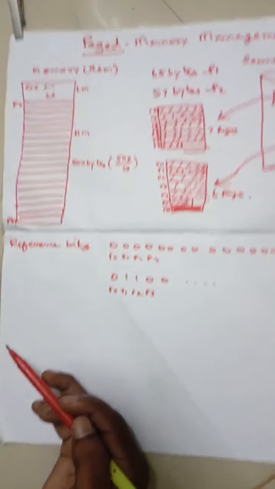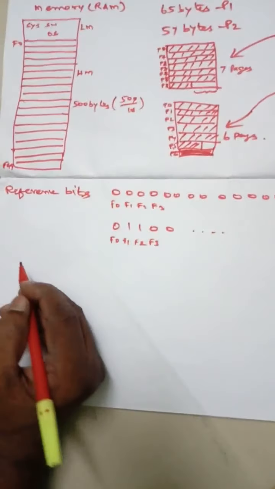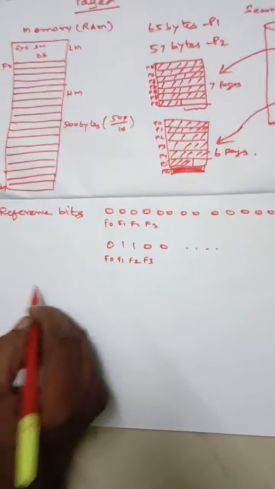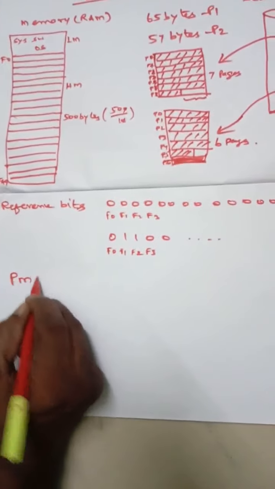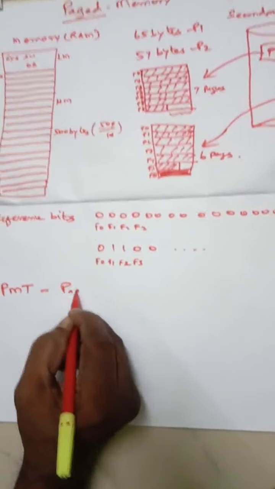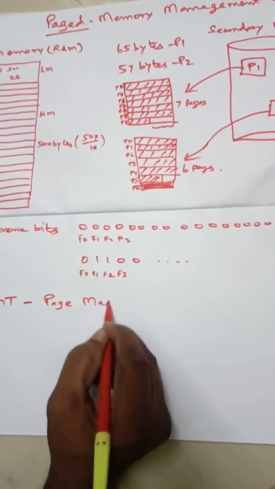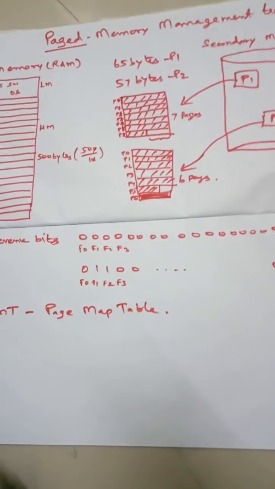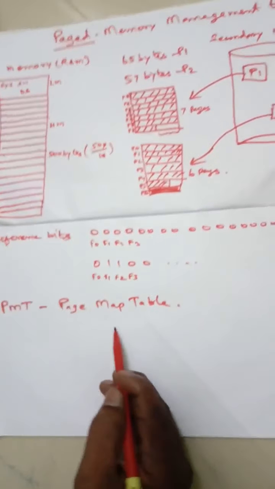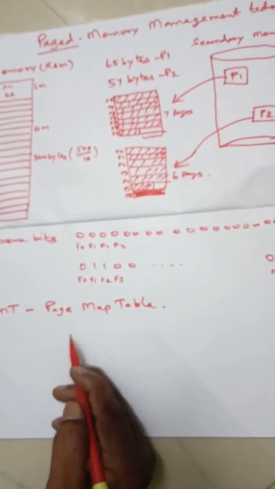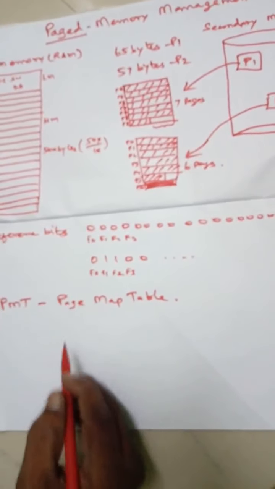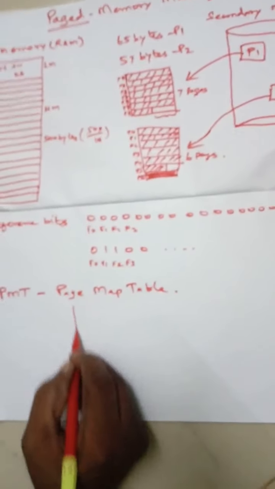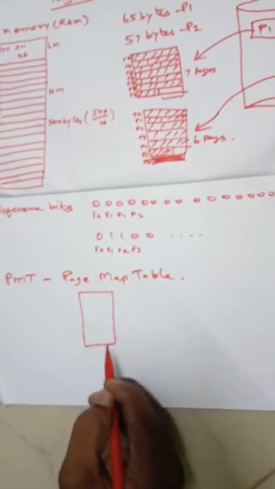So for your understanding, a page map table, PMT, is created. It is a 2 entry table.